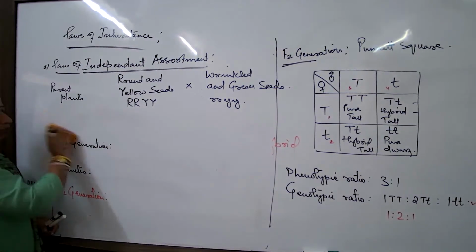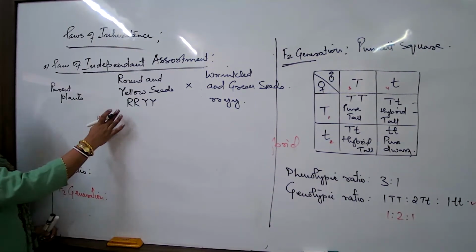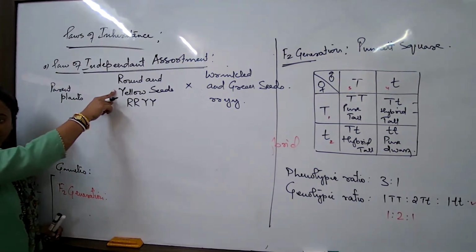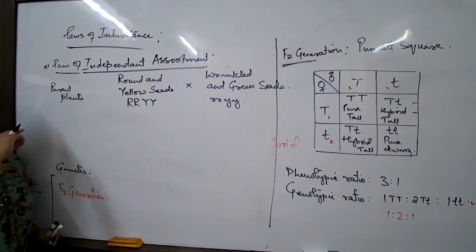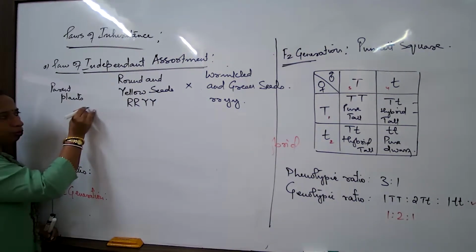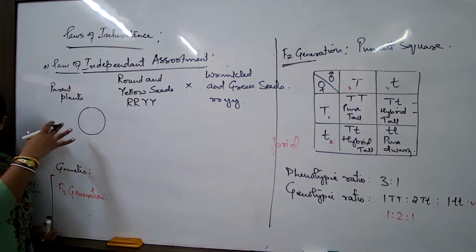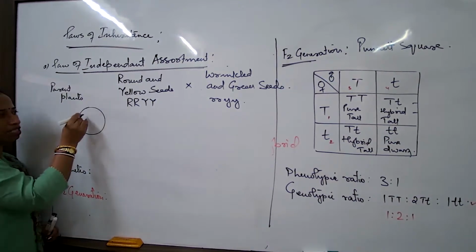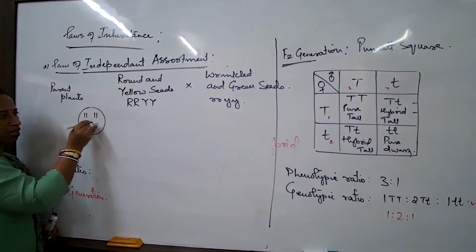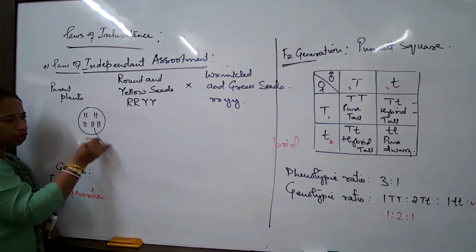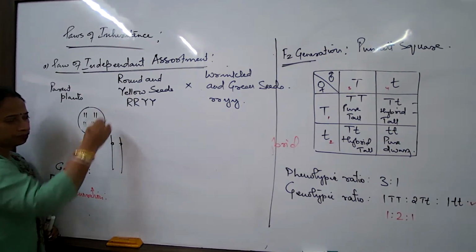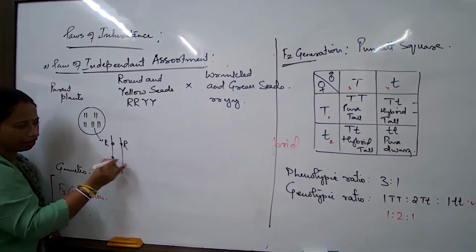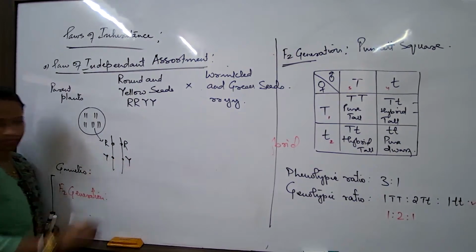Now, for two pairs of traits, meaning how is the condition if I talk about a cell from this plant? I talk about a cell from this plant. How would the pair of chromosome be? As I told you earlier also, I may understand these plants have got some 5 pairs of chromosome. So I want to see in one pair of chromosome, how is this? R and Y. It's like this.